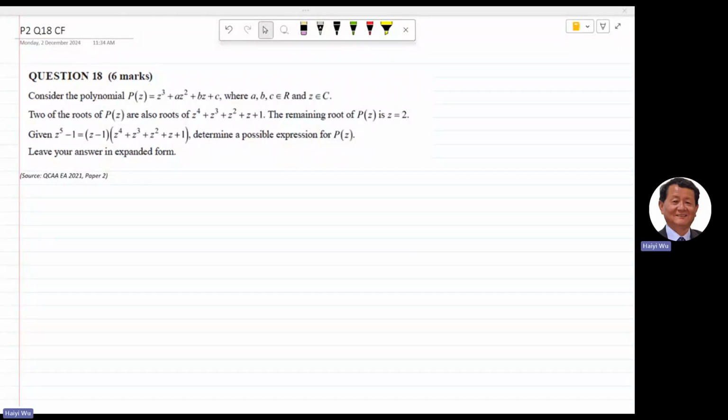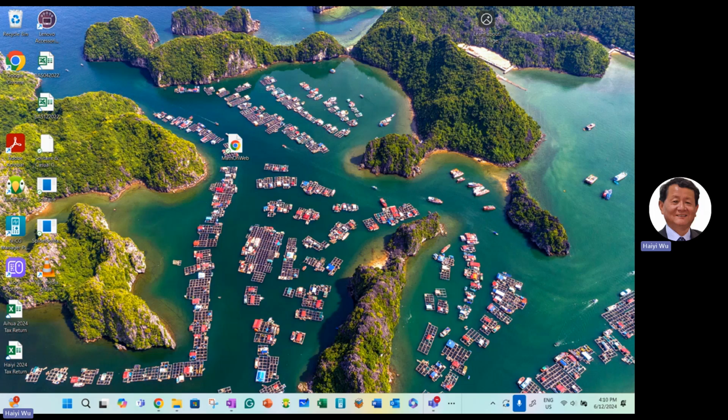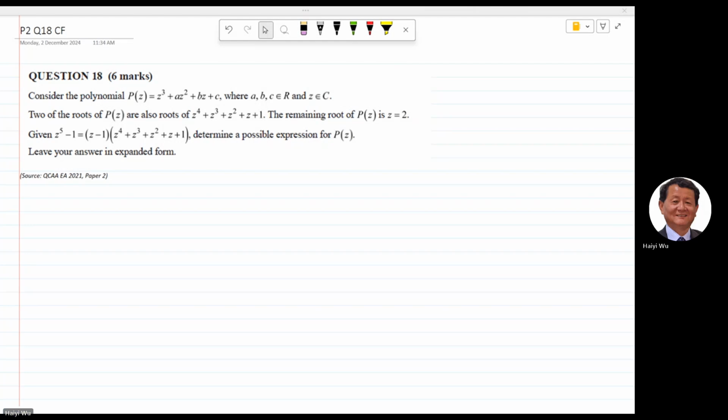Hello again. So today we're going to go through a complex, unfamiliar question, which is on the QCAA External Assessment 2021, Paper 2.